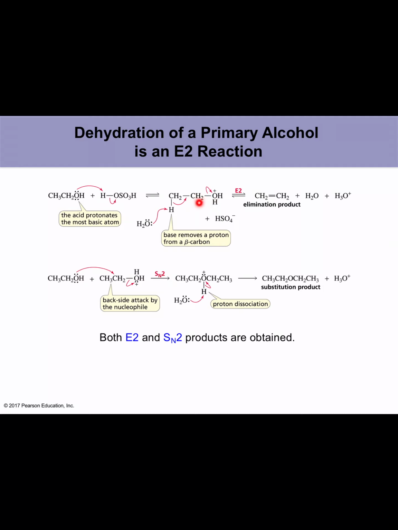Hydrogen is not going to go from this carbon. Instead, it will be removed from the other carbon next to the carbon carrying the alcohol group. A water molecule can act as a base, remove the hydrogen, and then the electrons in this hydrogen and carbon bond give to this single bond to make a double bond, giving you an elimination product, an alkene.